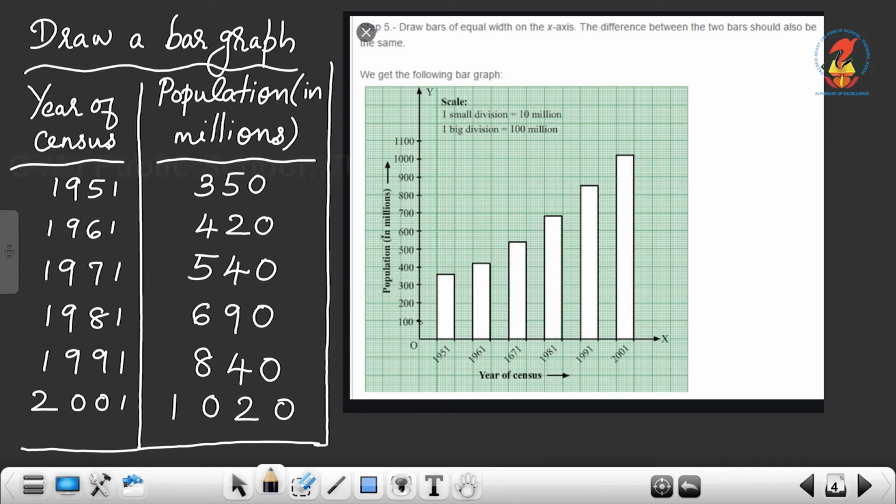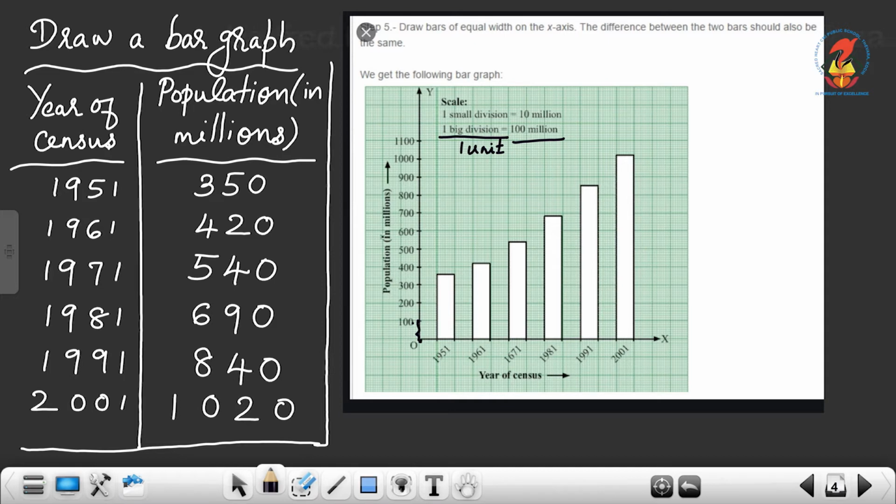Here you can see that this measure we have to take as 1 unit. One big division means 1 unit, or we can say 1 centimeter. And this 1 centimeter we can select as 100 million.